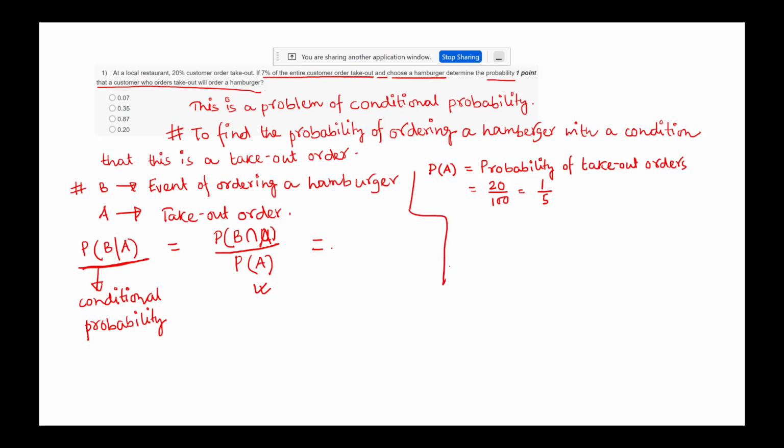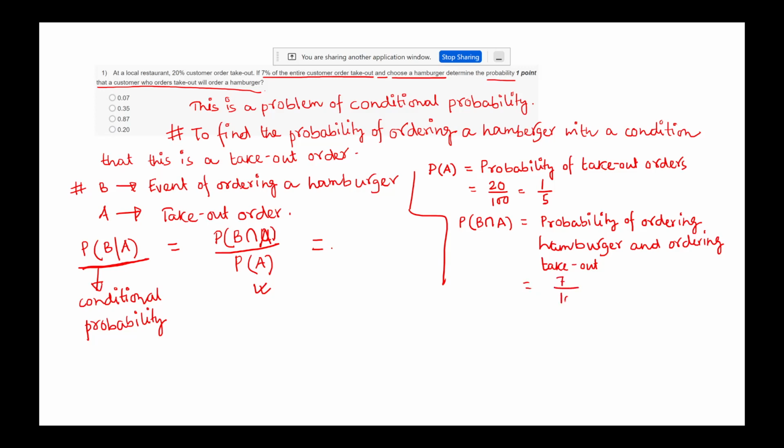Now the probability of B intersection A, which is the probability of ordering a hamburger and ordering takeout, is equal to 7%, meaning 7 by 100.